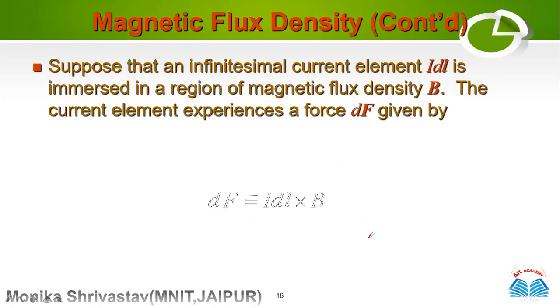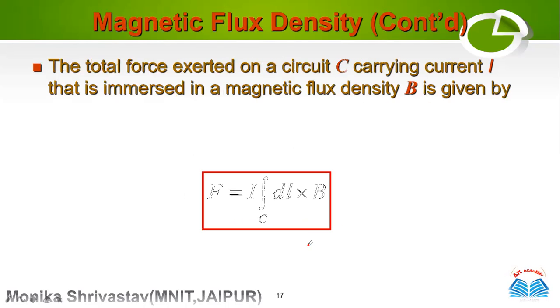Now, can we derive that? Yes, we are trying to. Suppose that an infinitesimal current element I dl is immersed in a region of magnetic flux density B. The current element experiences a force dF. What is dF? We have studied that dF was equal to I dl cross B. This was the equation we were getting. So dF equals I dl cross B, and hence what will be F?